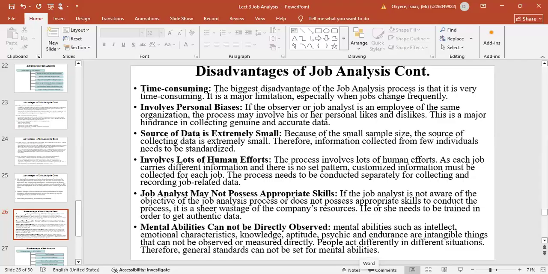One, it is time consuming. It needs time. At times, it takes more than a month to do job analysis. Two, it involves personal bias.